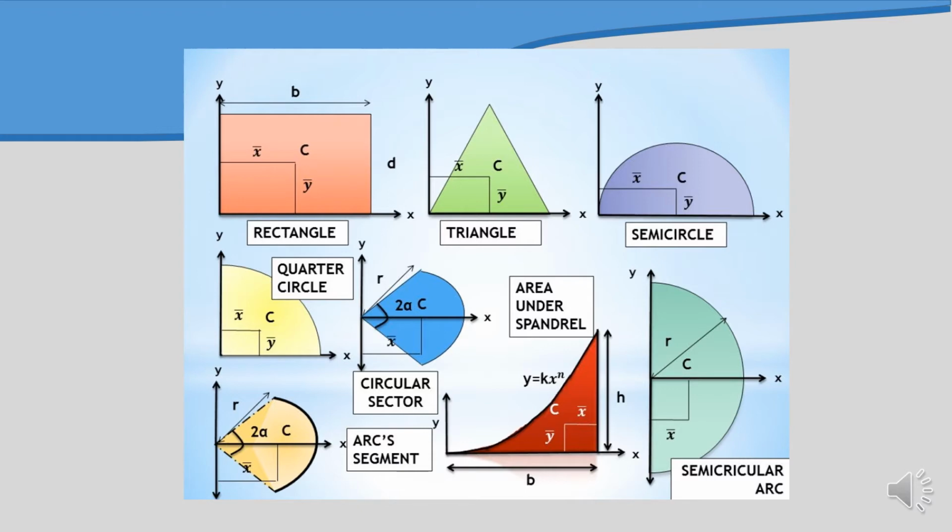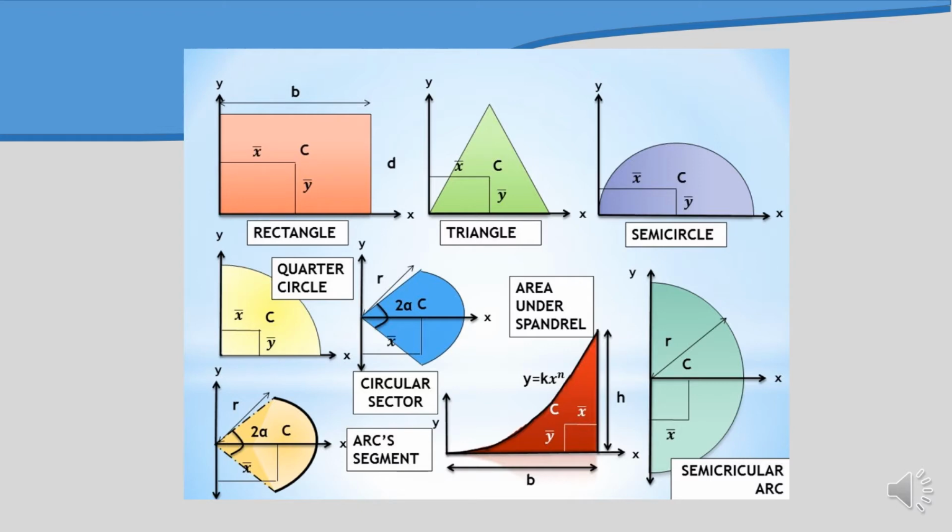We have a rectangle, where both the x and y axes are symmetrical. In the case of a triangle, only the x axis is symmetrical, but the y axis is not. From there, we have a formula to determine the location of x bar and y bar.